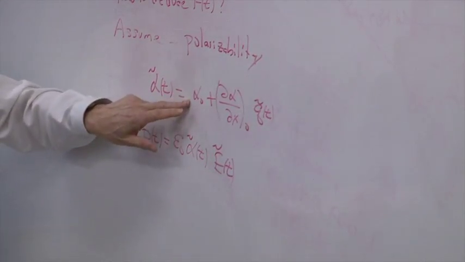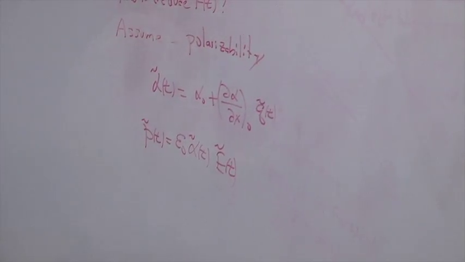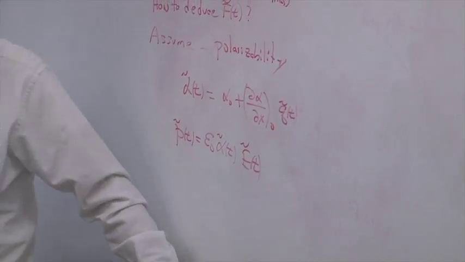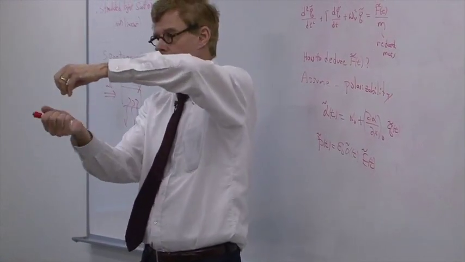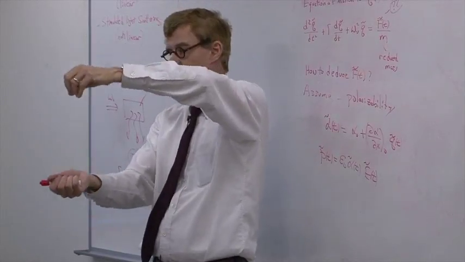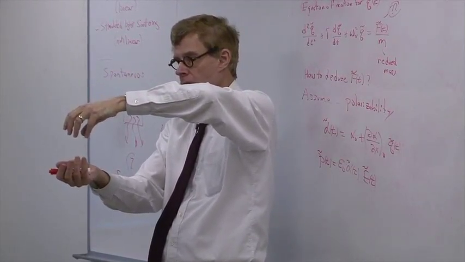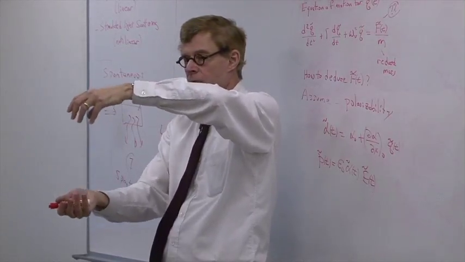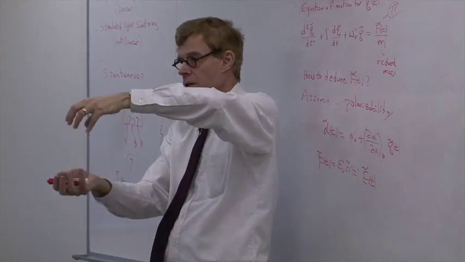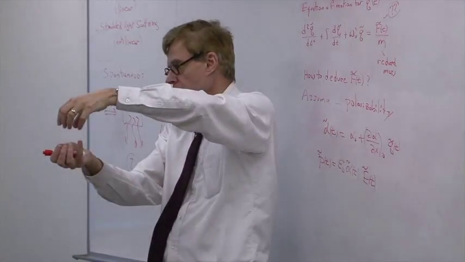So this is a physical assumption. Think of a diatomic molecule. As the atoms move further and closer together, you'll distort the electron cloud of each atom, and you'd naturally expect that the polarizability is going to be different when they're here than when they're here.